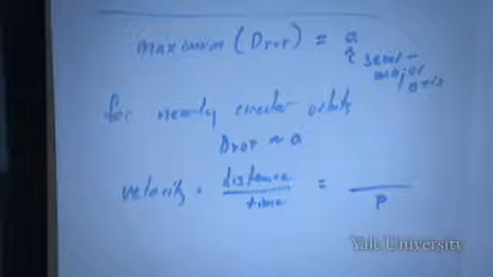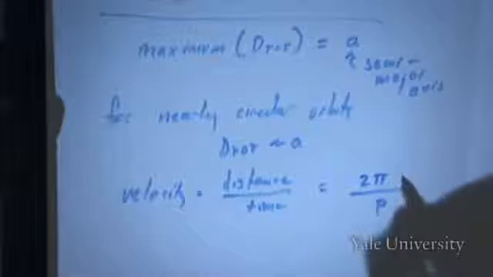And you may recall from high school geometry that if you know the radius of a circle, you also know its circumference. The circumference is the distance it would have to travel. That's 2 pi times the radius. This is a basic fact from geometry. And so that's 2 pi times the distance, in this case, the semi-major axis. But this is only true for nearly circular orbits.